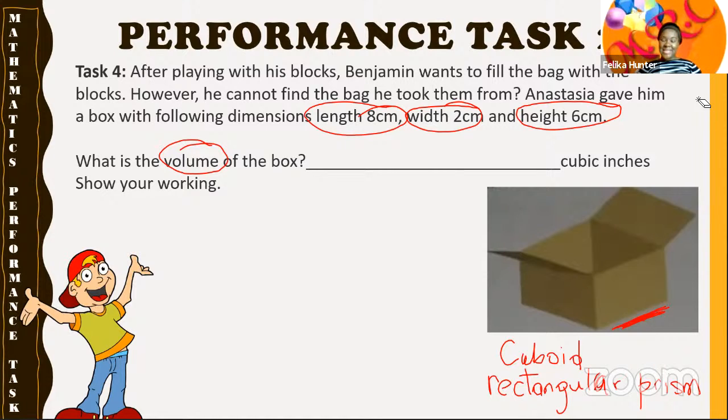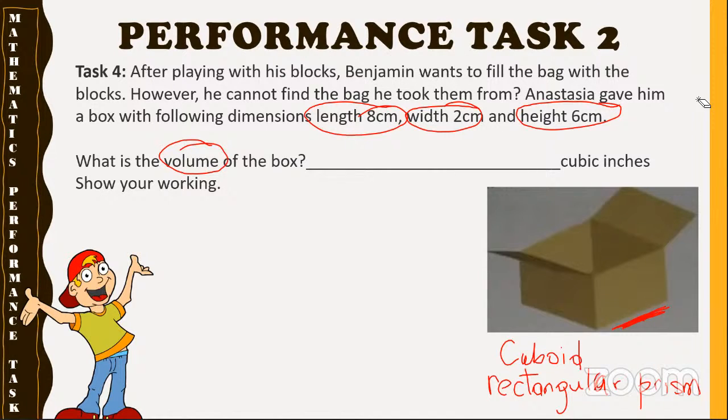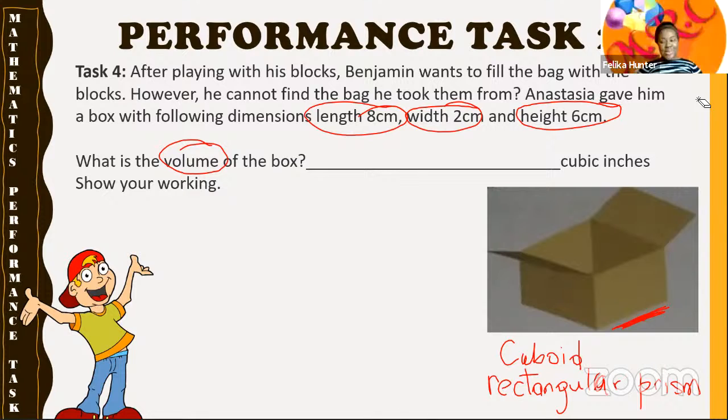Because one number is 8, one number is 2, and one number is 6. Awesome. Thank you, Carissa. Thank you, Shanive, Sahari and Shekwan. Well done. So we know it's a cuboid because the sides are different.